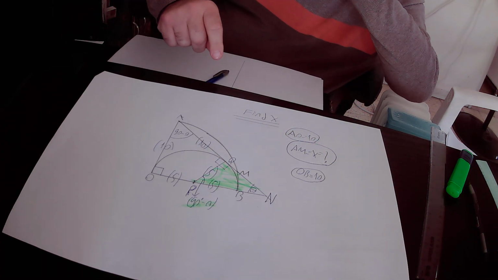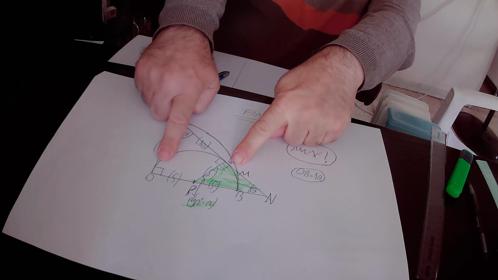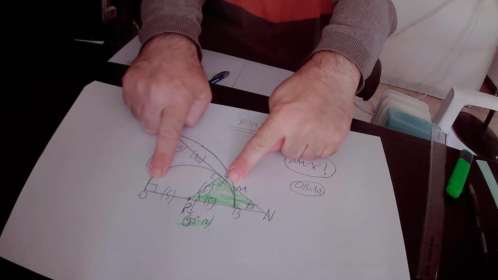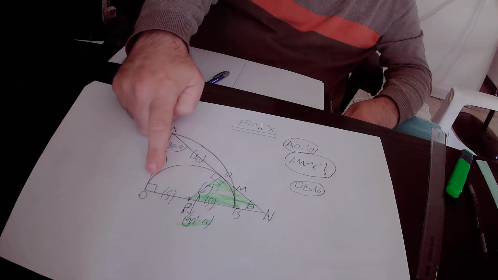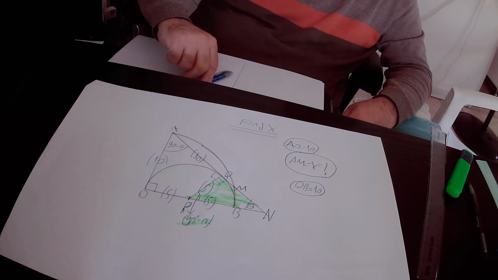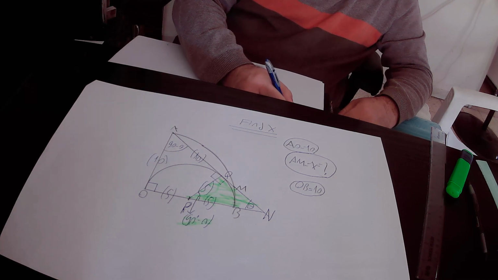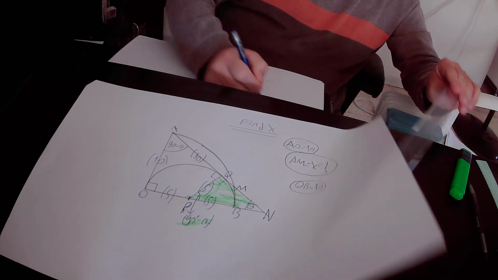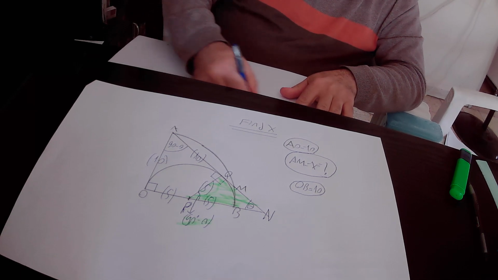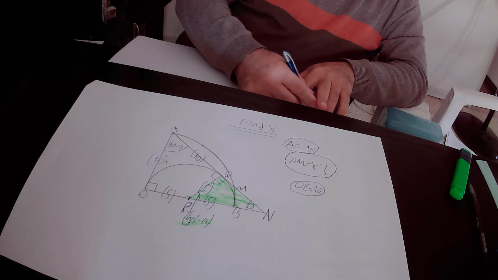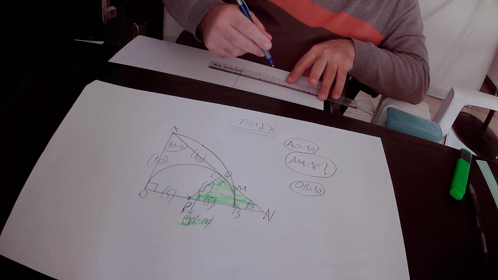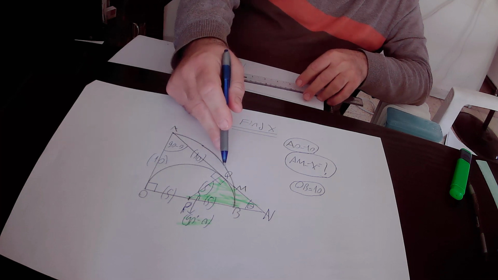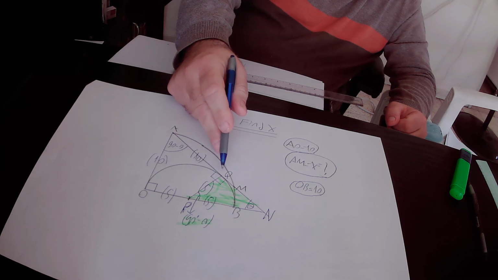First of all, those two angles are both equal to 90 degrees, therefore they are equal to each other. So this is angle AON in the big right triangle AON, and it is equal to this angle, that is angle PQN in the green triangle PQN.